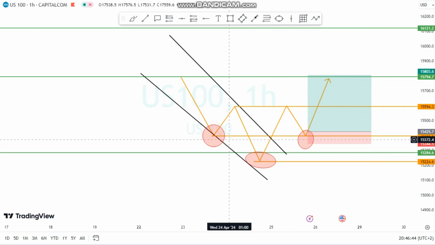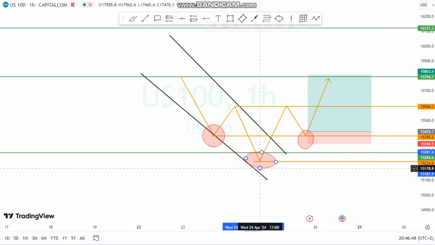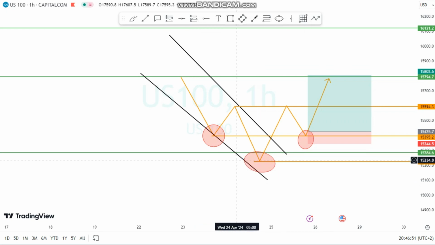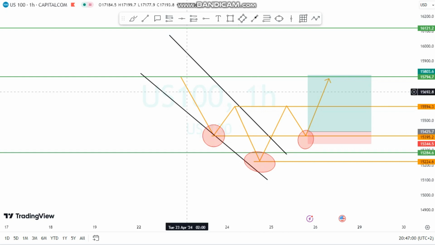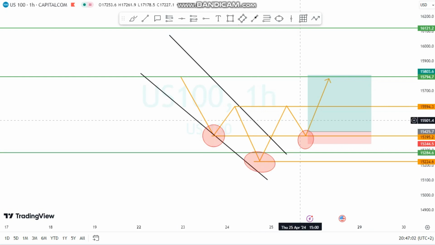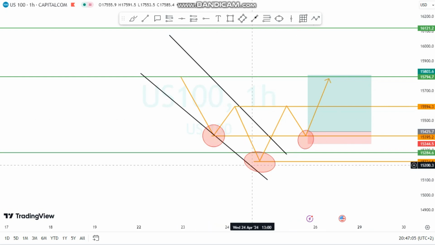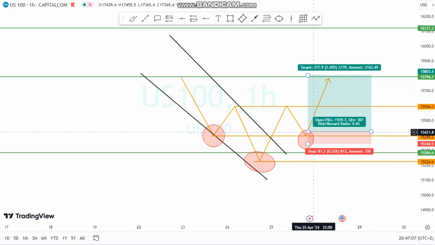The key things you're looking for in the head and shoulders are the two shoulders and the head. Like I said before, it's a reversal pattern. Once this pattern forms, we are moving out of the previous trend. So we look for the left shoulder, the head, and then the right shoulder. You take your trade.